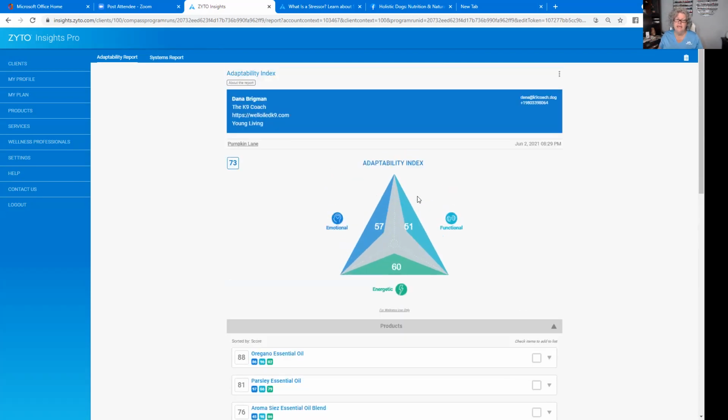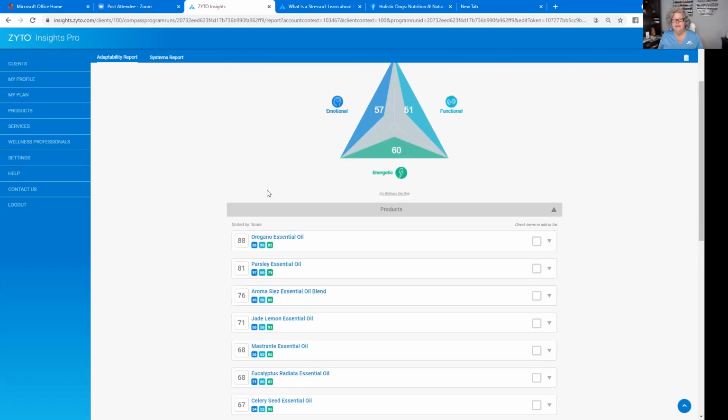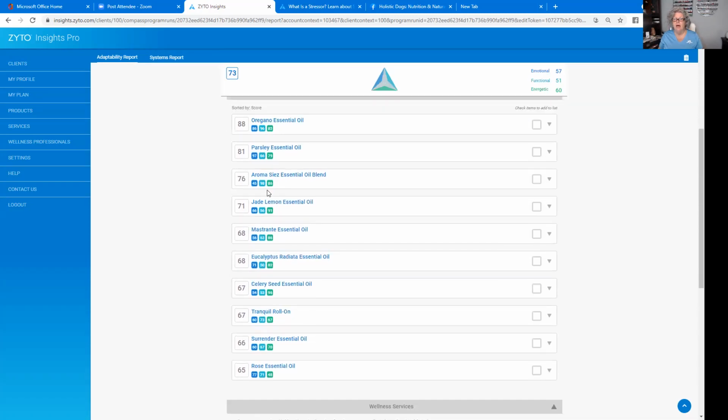So we do this and we make some decisions about what can we use to support wellness. The first screen we see is going to give us the top 10 recommended products from Young Living.